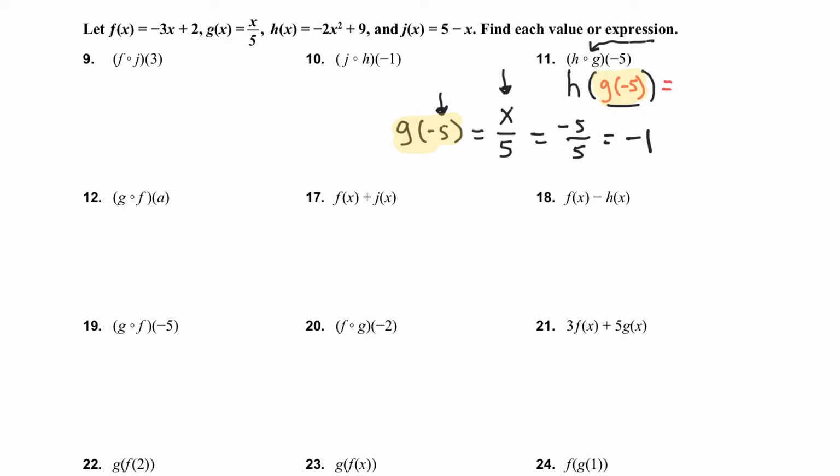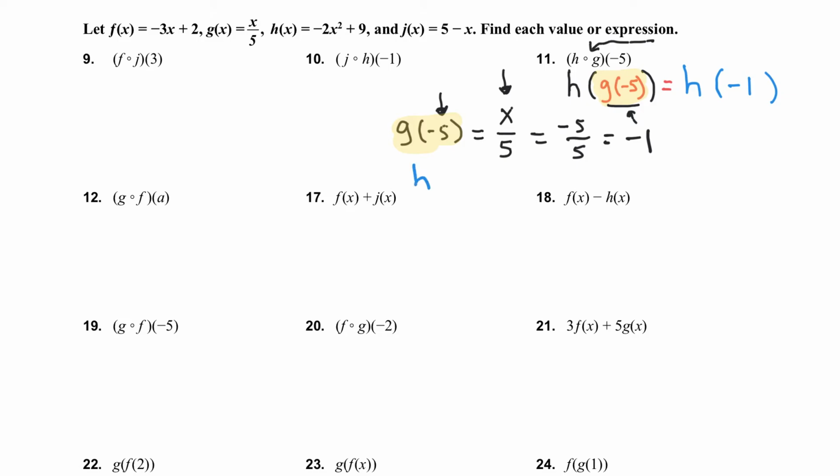Now that negative 1 is going to go back into h. Let me repeat. The input for g was negative 5. The output is negative 1. Now that's going to have to go into h. So what does that mean? You have h, and now the input is the output of g, which is negative 1. So now you have to find h of negative 1. Let me do this right here, and I'll use a different color, blue.